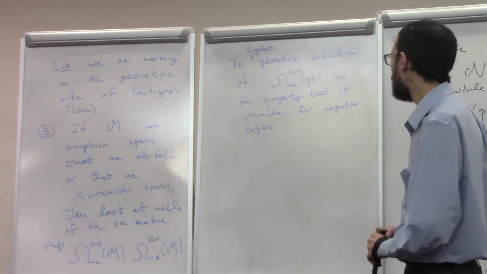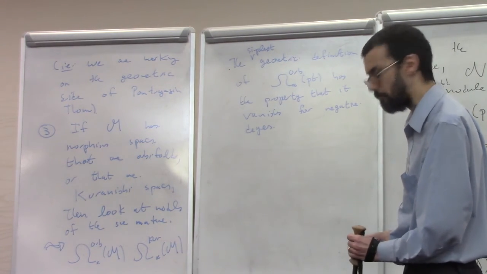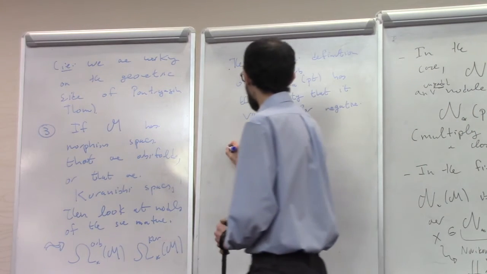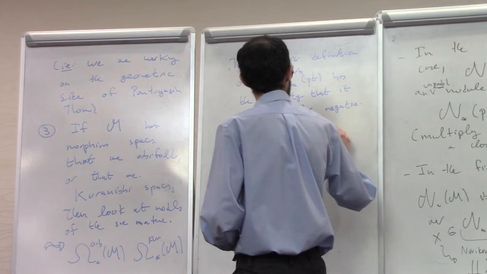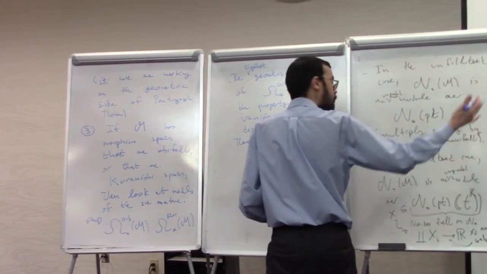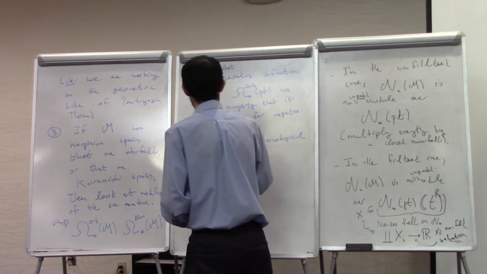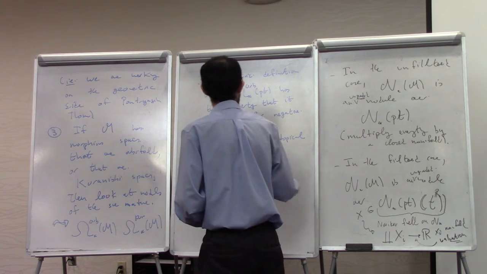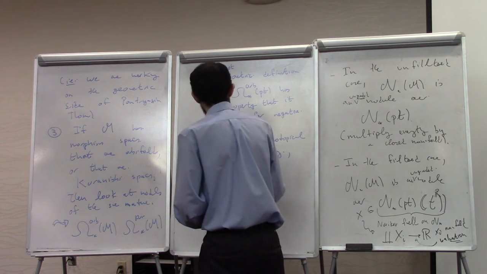Okay, but in fact, there is another theory of orbifold Bordism you can define. Let's call it homotopical Bordism. Even though I don't want to use homotopy theory, let me just call it that.